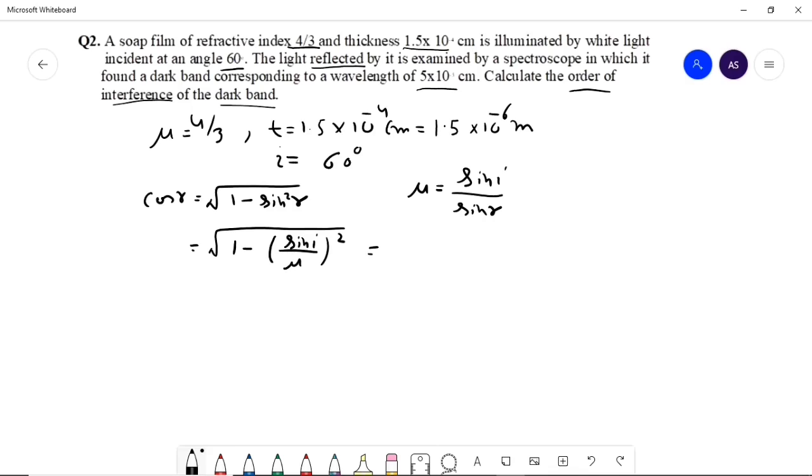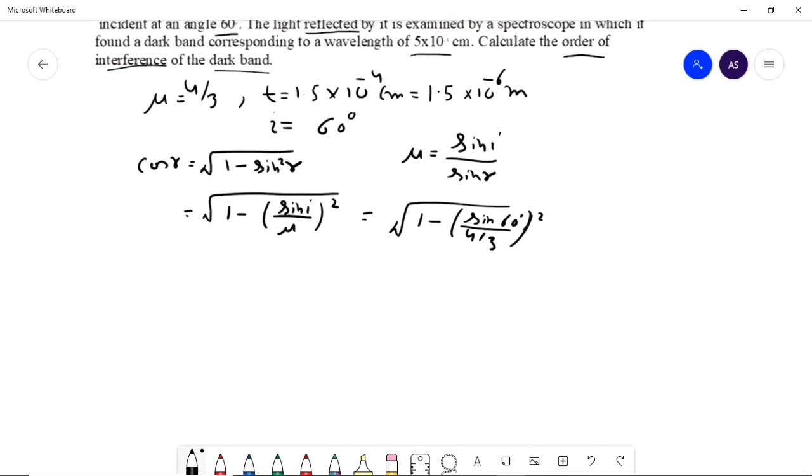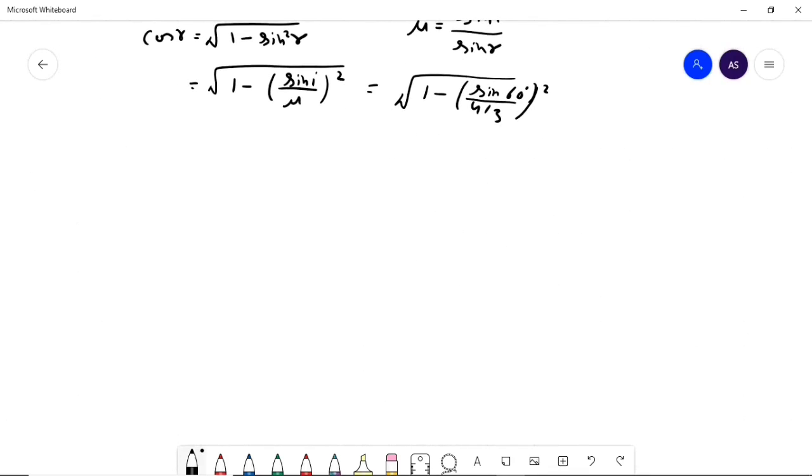You know that the value of i and mu is sine 60 degree divided by 4 by 3 whole square, and the final value is equal to 0.7604. This value is equal to cos r.